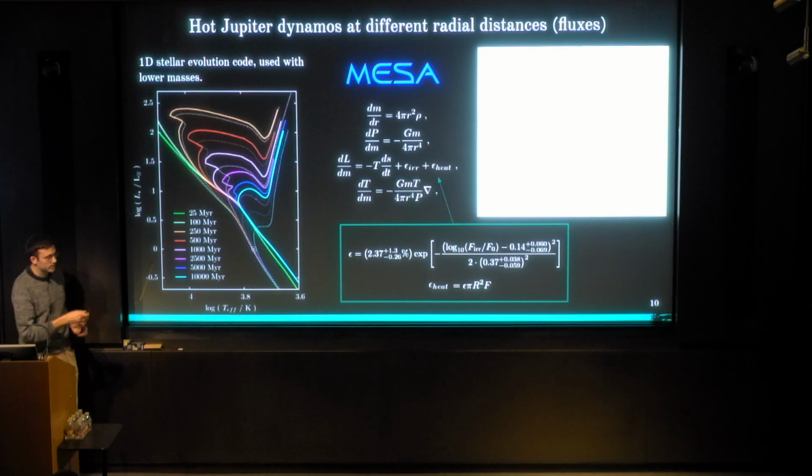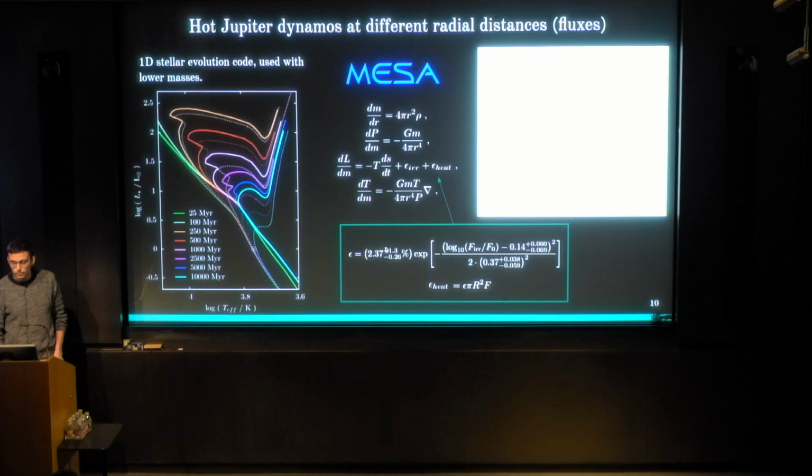So what's the total deposited heat inside the planet? It comes from these observational models. We calculate the flux, and with this heating efficiency, we put it inside the planet. And with these models, we want to try to answer two questions: how do the interiors of hot Jupiters change, the dynamics, and what are the magnetic field predictions?